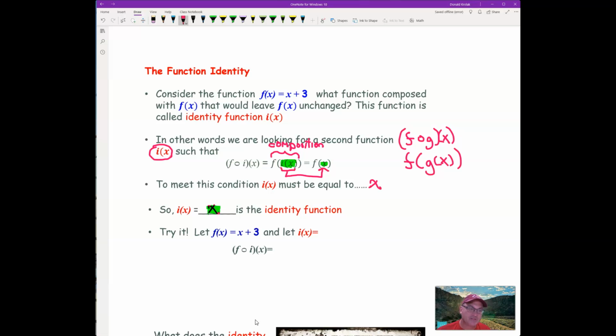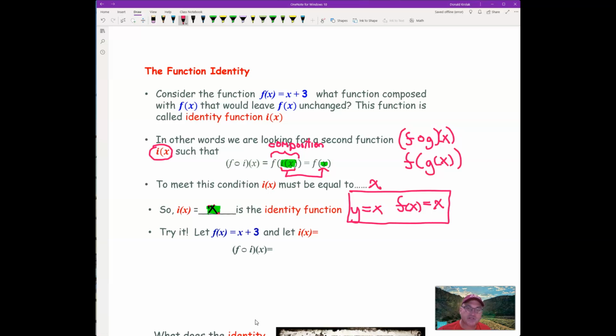Now people always get that, it's confusing sounding. It's really just this, watch. y equals x is the identity function, or f of x equals x is the identity function. Those two things are the same thing.